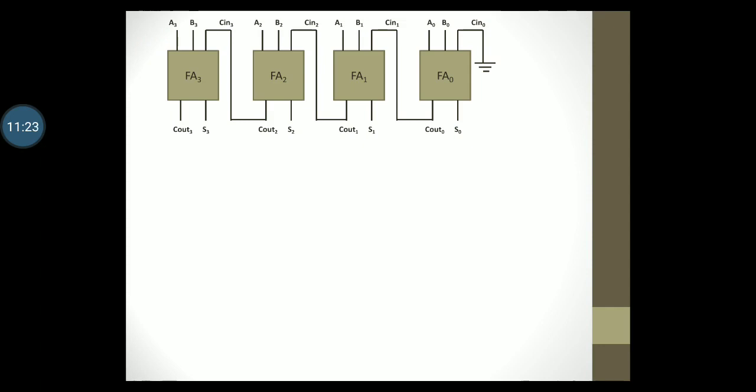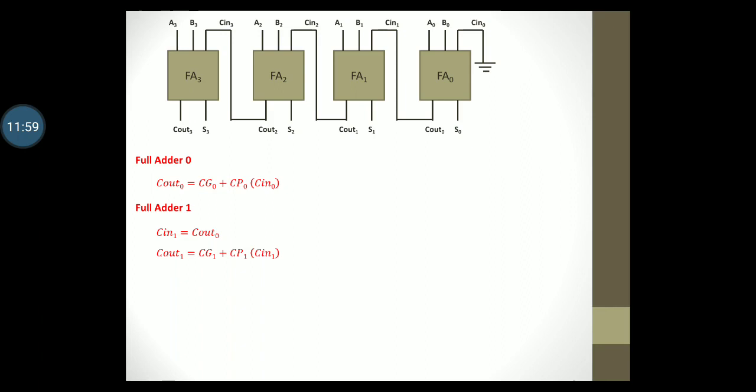Hence, we can now calculate the following. For full adder 0, we can say C out 0 is equal to carry generate 0, or CG0, plus CP0 into Cin 0. For full adder 1, we can say Cin 1 is equal to C out 0 and C out 1 will be equal to CG1 plus CP1 into Cin 1.